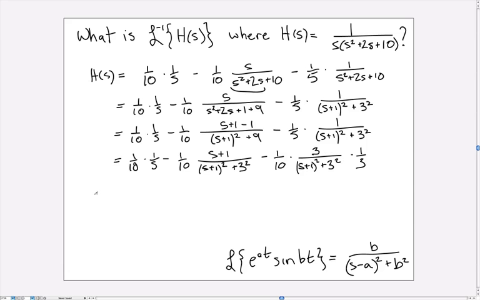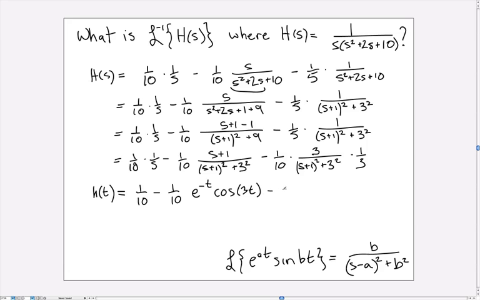So now I can take inverse transforms of all 3 terms, and I'll get h of t, which will be 1/10 times 1/s. The inverse transform of that is just 1/10. Here my 1/10 stays out in front, and the inverse transform of this guy is e to the minus t, where the minus 1 comes from this shift here, multiplied by the cosine of 3t, because of the b squared here, that's the 3.